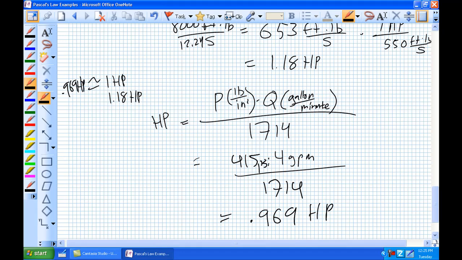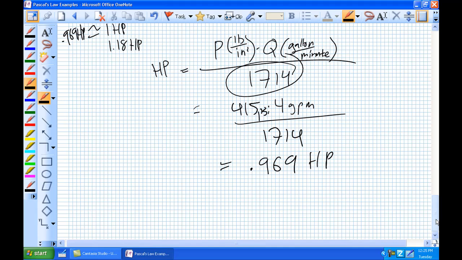And some of you guys are like, whoa, how did he do that? Well, first off, it's this magic number here. I don't like using this formula because it's got some magic number that you are not going to remember. Okay, this is how you do it.